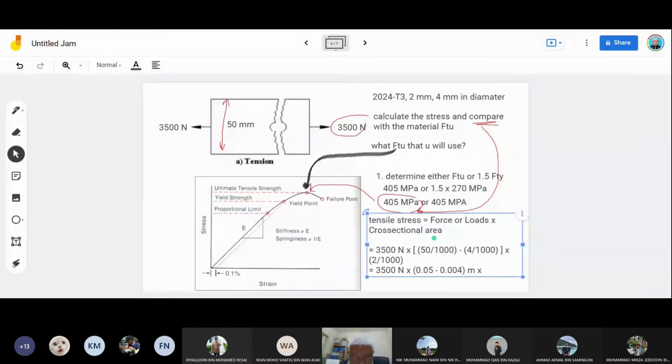Sorry, not time. Divide. Sorry, I was mistaken. Divide. Okay, divide. So this whole section here, minus the hole, times the thickness. So thickness will be 0.001 meter.